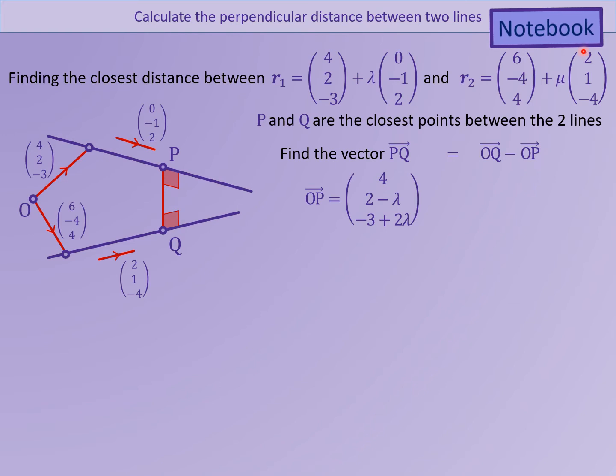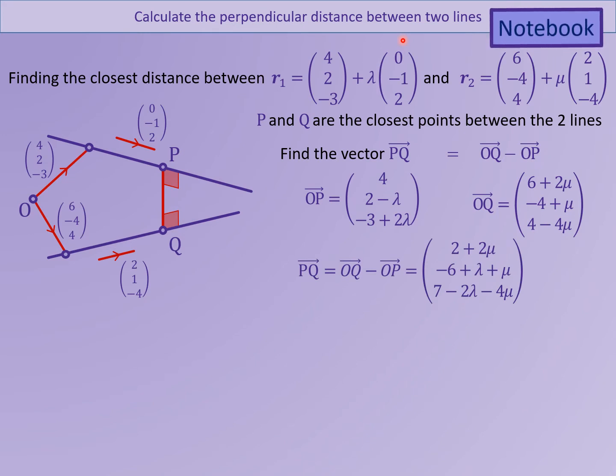Similarly, we can write OQ in terms of mu. We know that point Q lies on the second line, so therefore we can use the equation of the second line to find an expression for OQ. So therefore PQ will be a combination of these, OQ minus OP, which simplifies down to (2 + 2 mu, -6 + lambda + mu, 7 - 2 lambda - 4 mu).